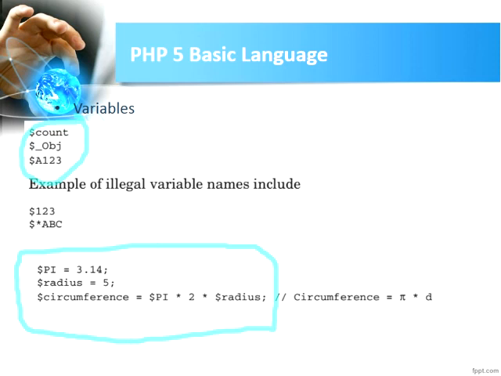Yes, good. We assign 3.14 to pi, and after that we assign 5 to radius. And after that we calculate the value of a new variable as pi multiplied by 2 multiplied by radius.